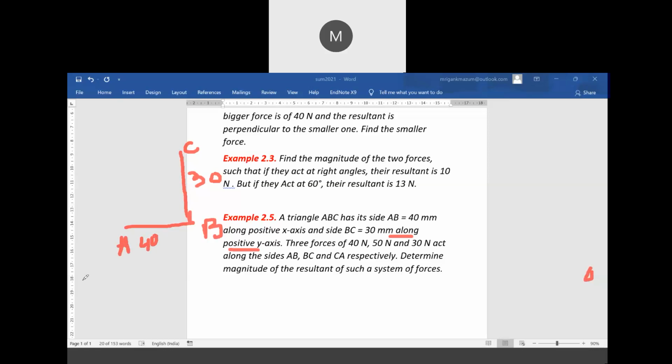Now we have to join this. You are joining this, then what will happen? This 40 and 30.